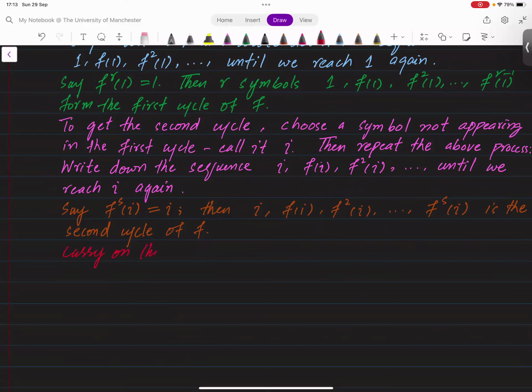Carry on this process until there are no symbols left.